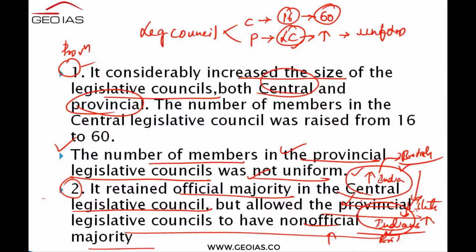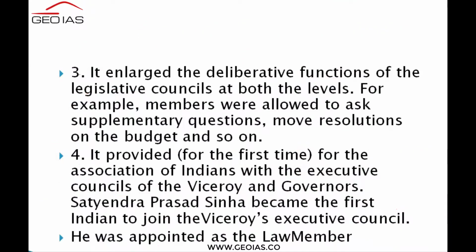As we move forward, it also enlarged the deliberative functions of the legislative councils at both central and provincial level. Earlier, the functions of the legislative council allowed them to discuss the budget. Through the Act of 1892, the budget was allowed to be discussed and they could pose questions to the executive.